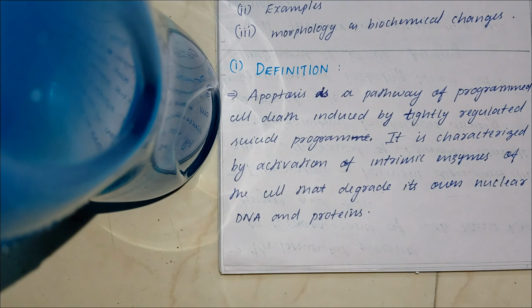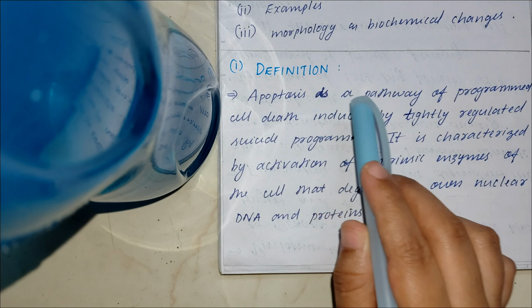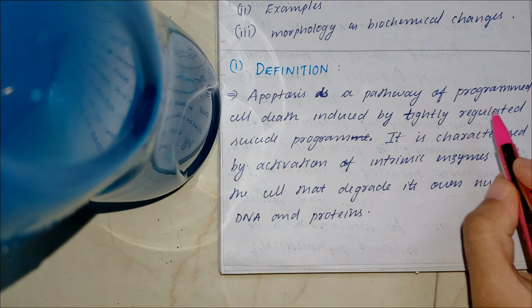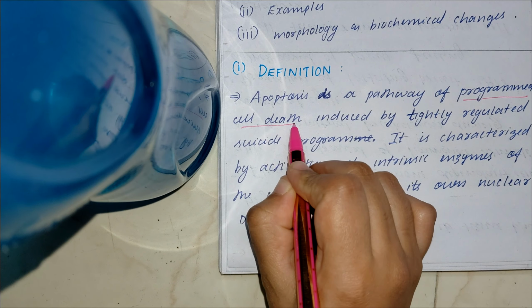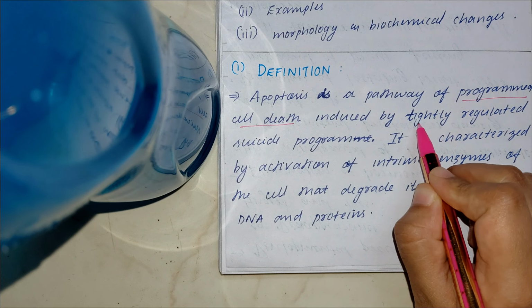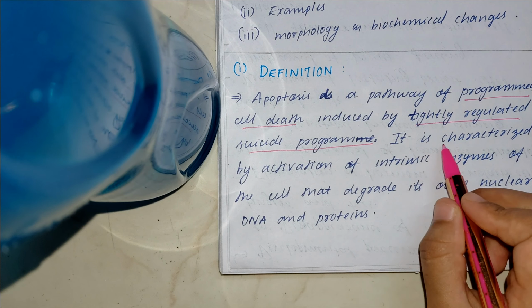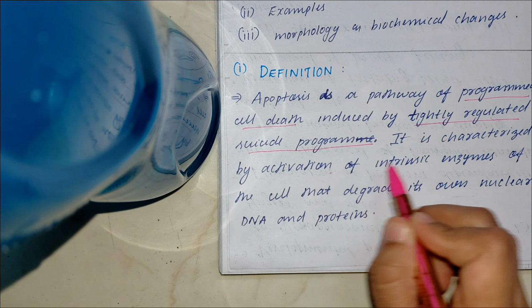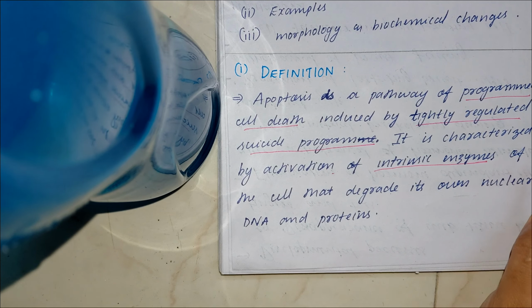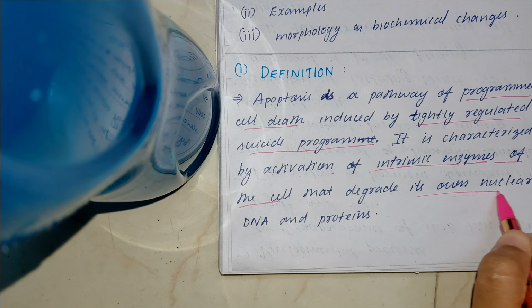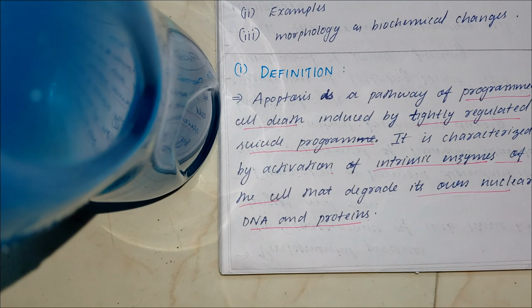So the definition might seem a bit big, but let me break it down for you. Apoptosis is a pathway of programmed cell death. What is it? It is a type of programmed cell death induced by a tightly regulated suicide program. It is characterized by the activation of intrinsic enzymes of the cell itself that degrade its own nuclear DNA and proteins.